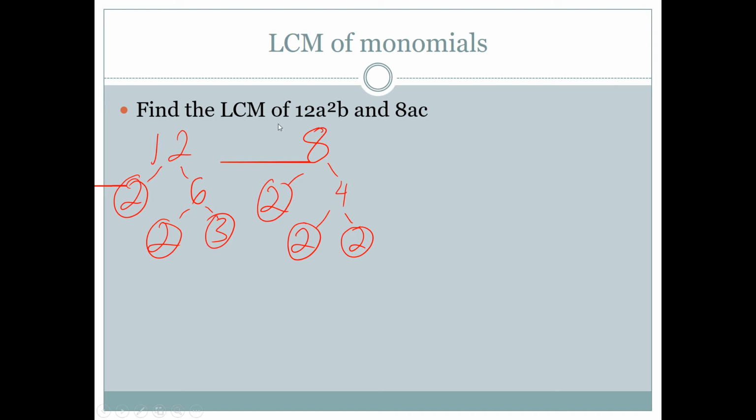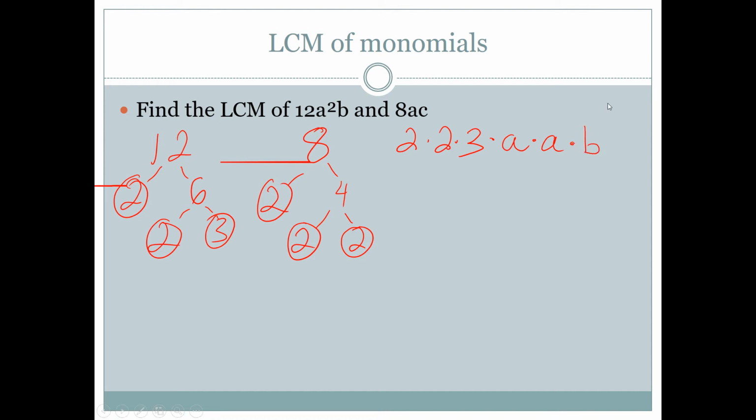So let's focus on the 12a squared b. So 12, we just found out, is 2 times 2 times 3. But we have some other stuff here too. We have a squared. That is a times a. And we have a b, which is just going to be multiplied by b.